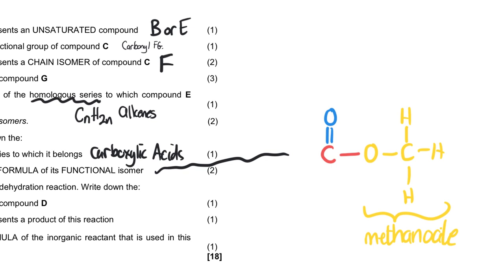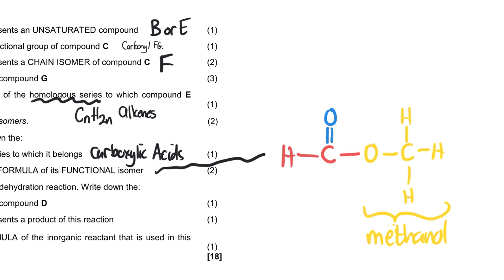And if we use the circle test, 1, 2, 3, 4, we are missing a hydrogen. If we look carefully here, my apologies, this is actually incorrect. This would not come from methanoate. This would come from methanol. Apologies for that. This would come from methanol, because it doesn't have the C double bond O.